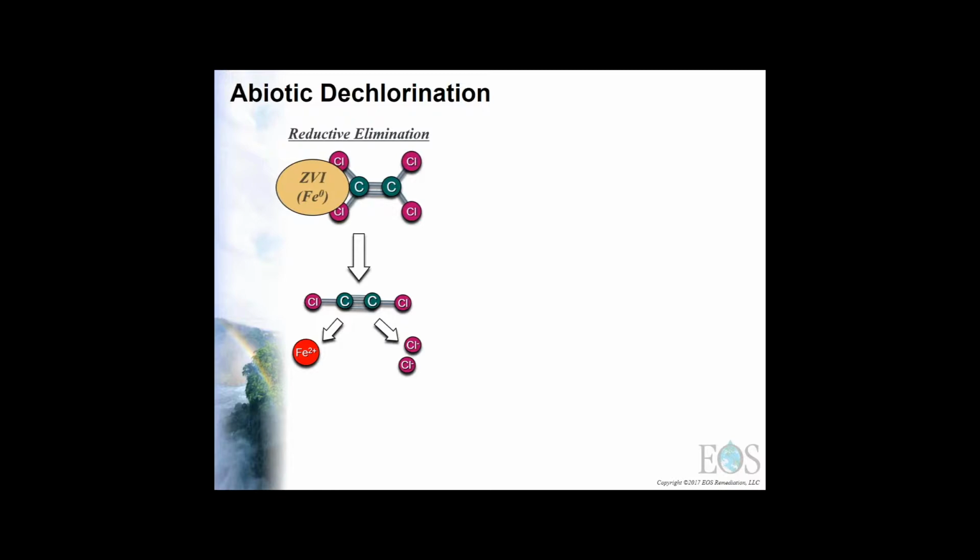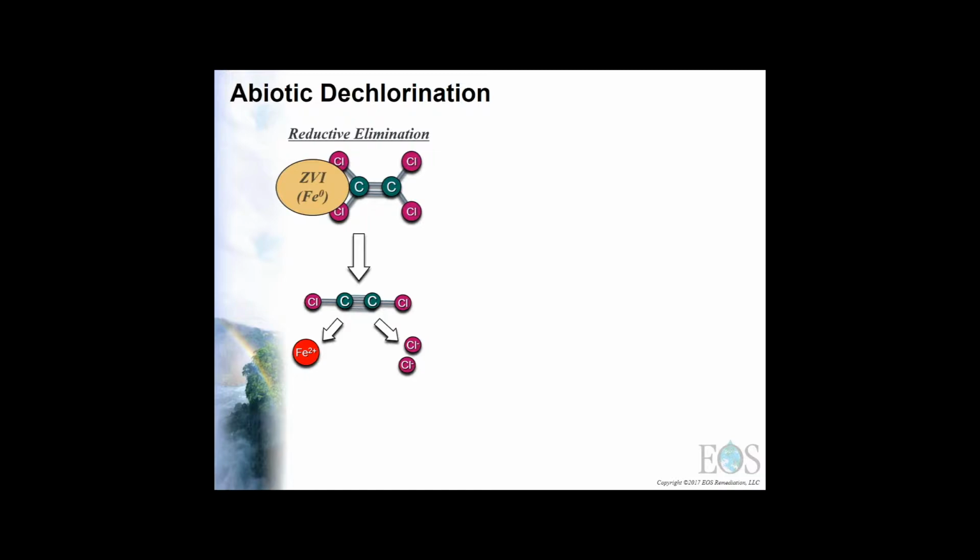If one chlorine from each side of the carbons was removed, that would be the beta elimination. If they were from the same carbon, that would be alpha elimination. Either way, the end goal is the same. And that, of course, oxidizes the iron to a ferrous iron species.